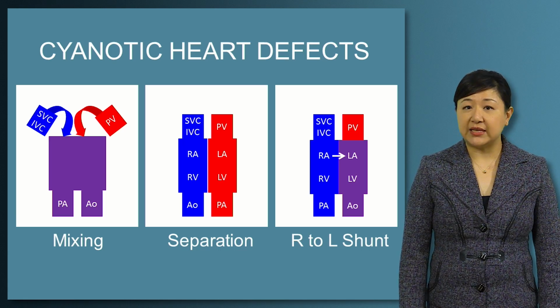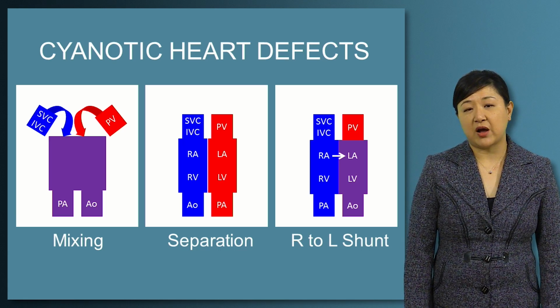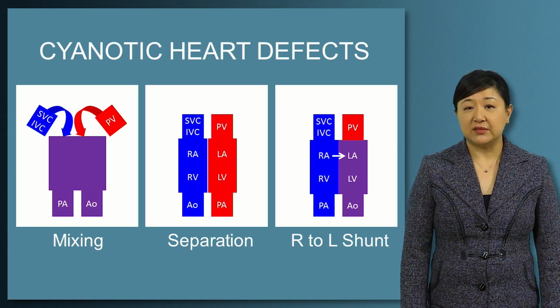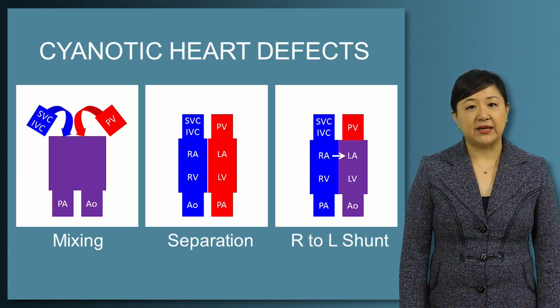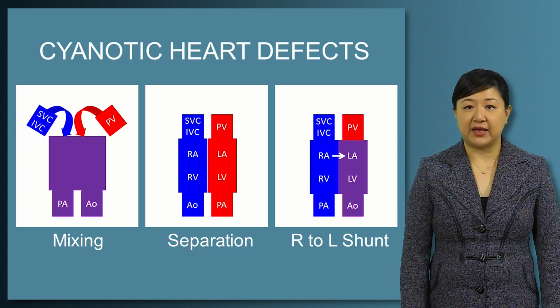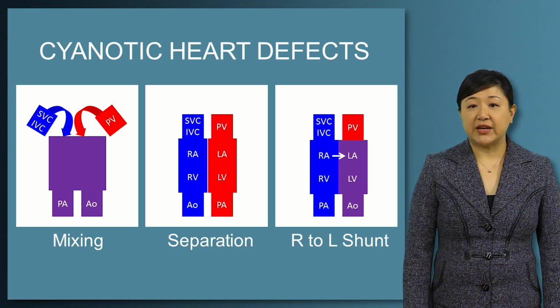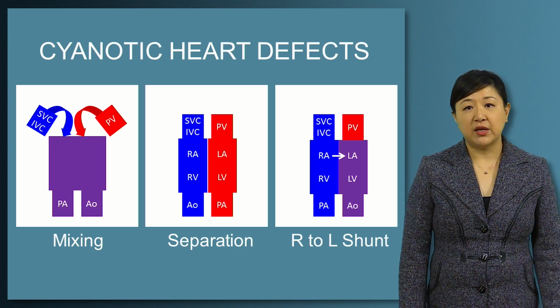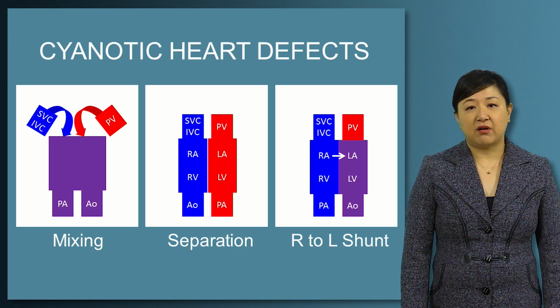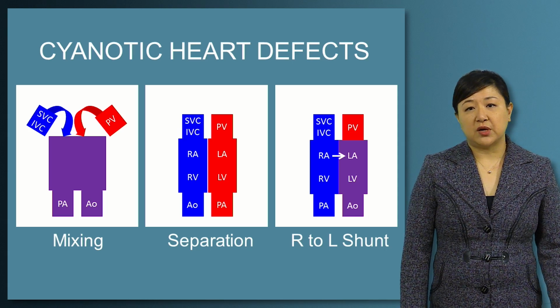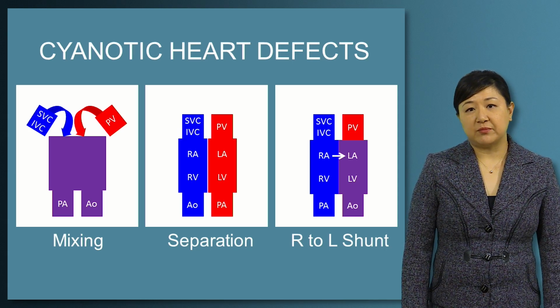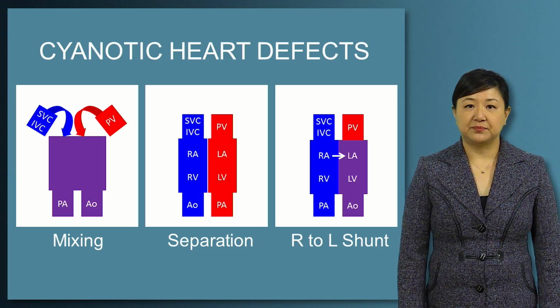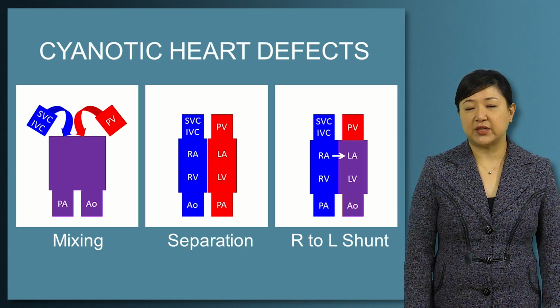There can also be complete separation of the systemic and pulmonary circulations, so that deoxygenated blood from the body is able to then go back into the body again. You can also have a right to left shunt, where blood goes through from the right to left side of the heart through a shunt due to obstruction or issues that prevent blood from going out to the lungs. We'll discuss each of these individually.